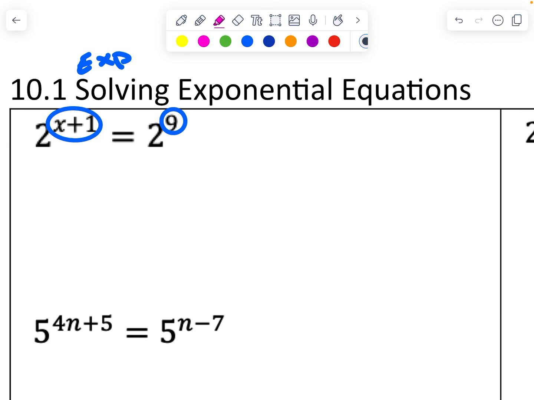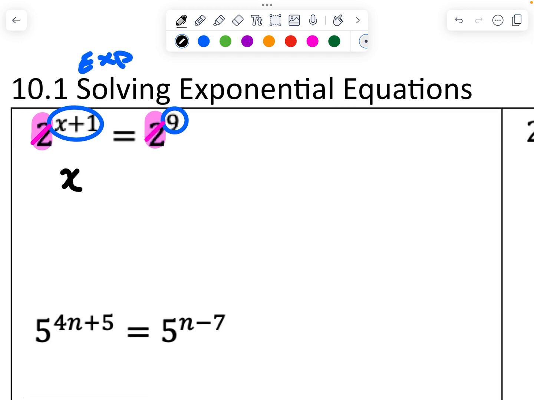First thing we want to do is have the base be the same. Because the bases are the same, we can think of them as not being there at all. Since they are the same thing, they strike each other out. And now you're left with the very simple problem of x plus 1 equals 9.